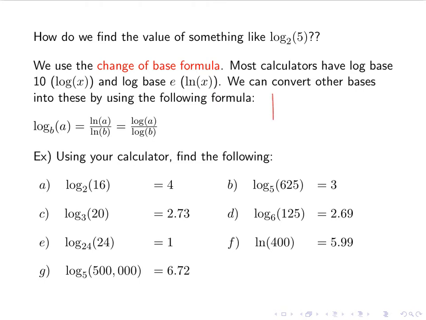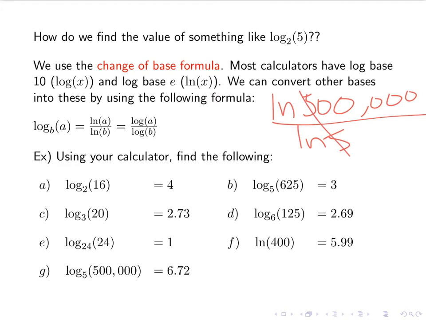Don't try to do something I've seen people do before, which is the following. They try to cancel the 5s, and they'll call this ln of 100,000, right? That is not how you simplify logs. You cannot simplify things inside of logs that way. We're going to talk about how to simplify logs in a minute, but don't forget order of operations. I have to take the ln's before I can divide.